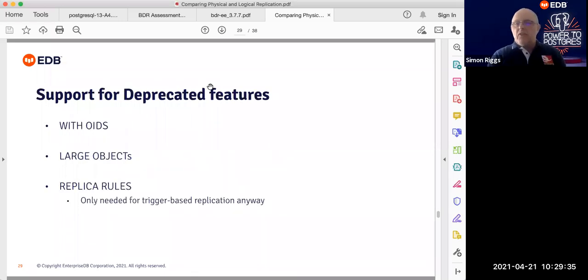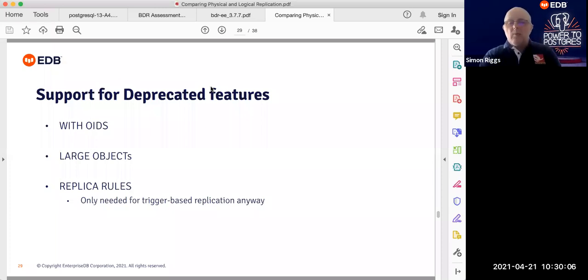There are a number of features that are supported by physical replication that don't occur with logical replication, and that's with OIDs. Now, I know that was removed in Postgres 12, so I'm really talking about Postgres 10 or Postgres 11 there. The large object interface does not work with logical replication and is never likely to. And essentially, that's mostly a deprecated feature these days anyway.